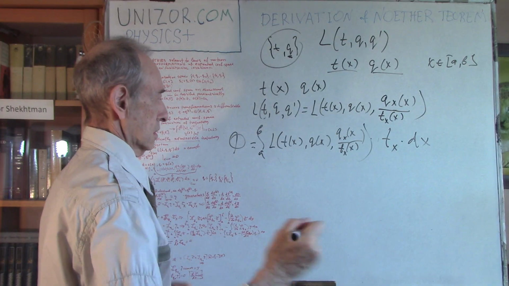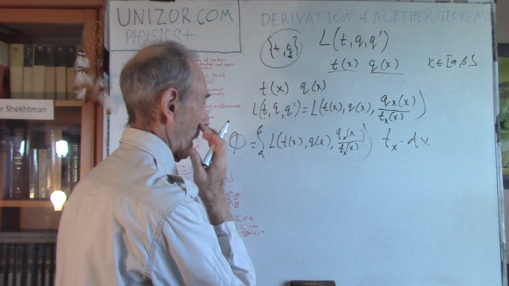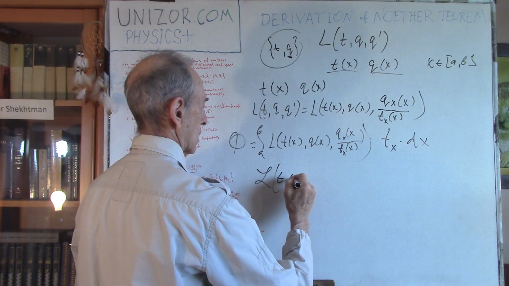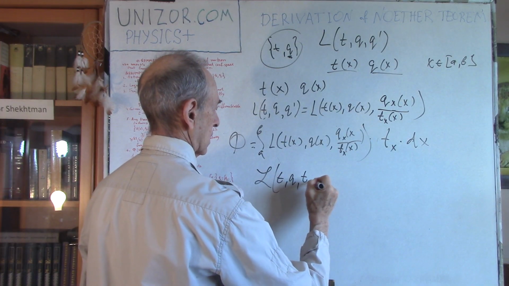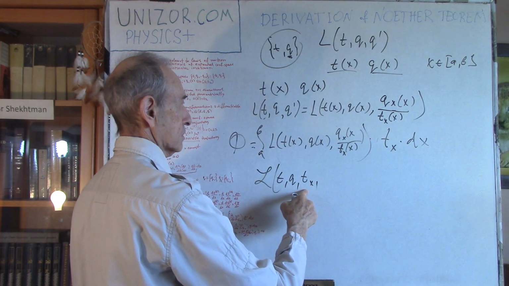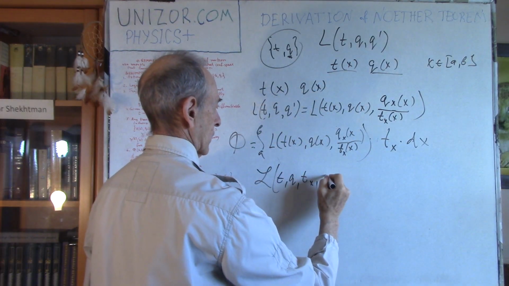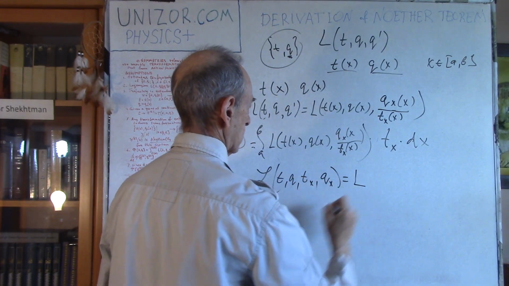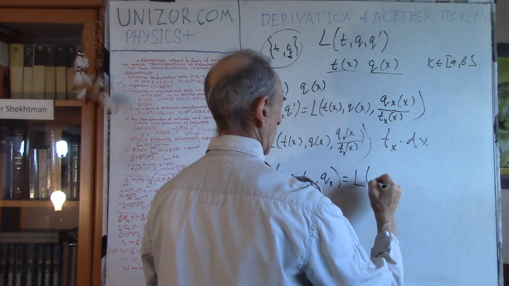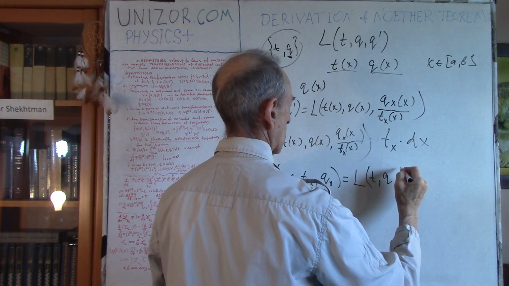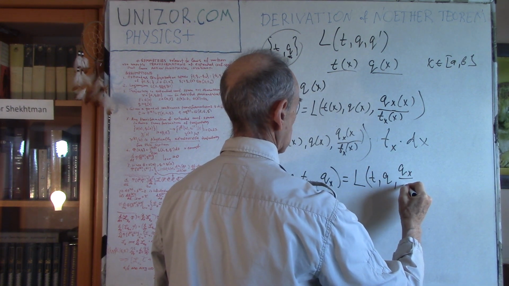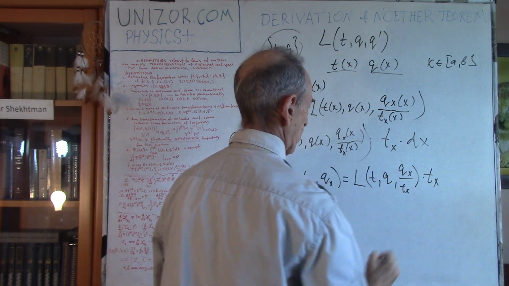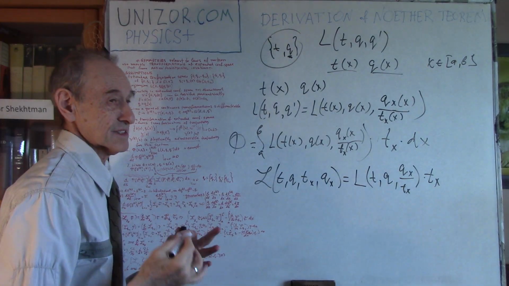And just to be more symmetrical, I will introduce a function L of t, q, t_x, which is the derivative of t by x, and q_x, which is equal to my old L of t, q, q_x divided by t_x, times t_x. Now, it's just a change of the name.